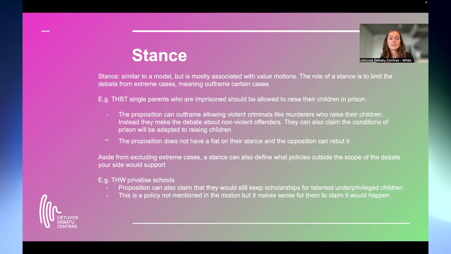But of course, if the proposition creates a very unreasonable definition or stance, it can definitely be challenged by opposition and rebutted. And the opposition can claim that it's unreasonable and won't happen in reality or shouldn't happen. A stance can also define what policies outside the scope of the debate your side would support.